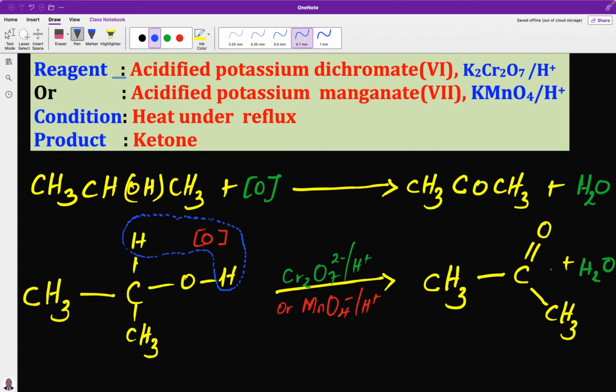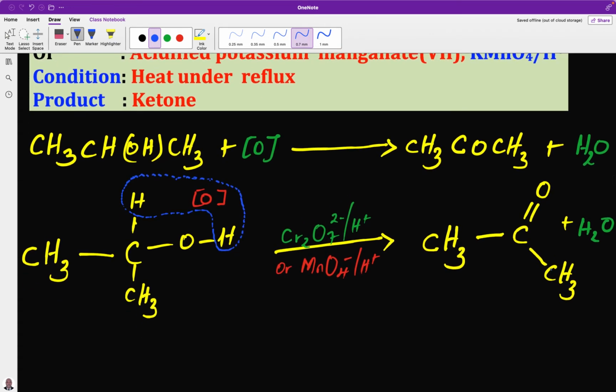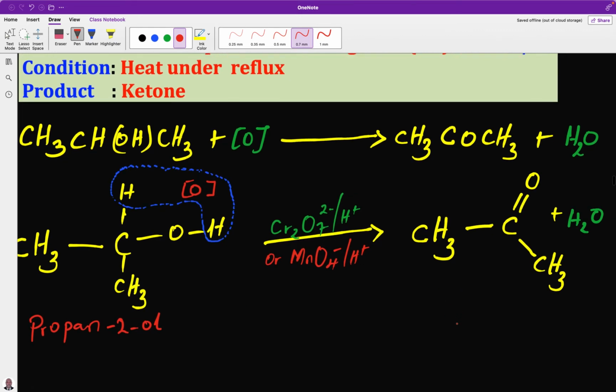In that case, we have here propan-2-ol. Now, propan-2-ol gives us propanone.